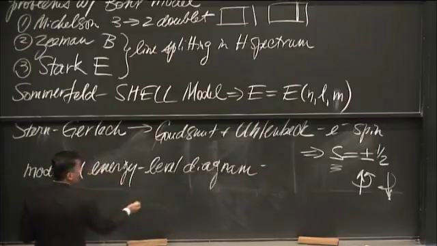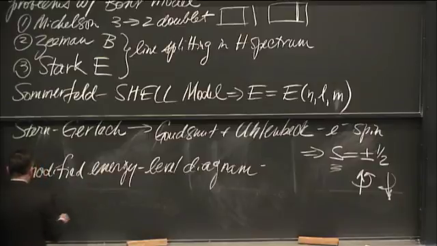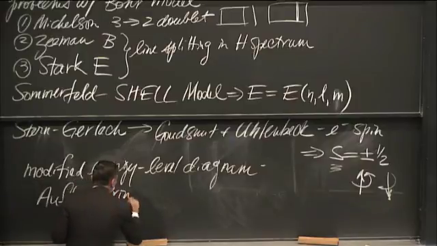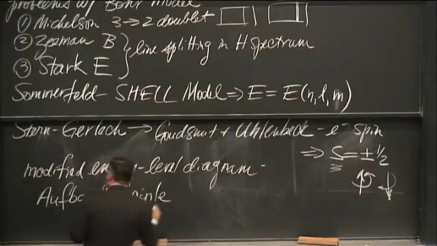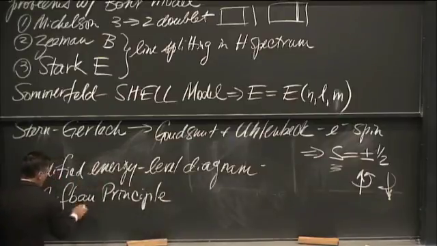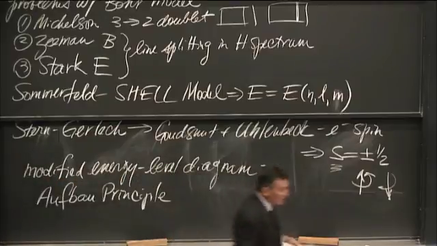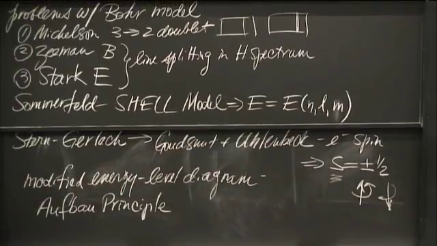And the modified energy level diagram is drawn on the basis of the Aufbau principle. The Aufbau principle. Aufbau, German, meaning construction. I think it actually means outbuild. But anyways, it generates the filling sequence. Okay, so there are 3 parts to the Aufbau principle.